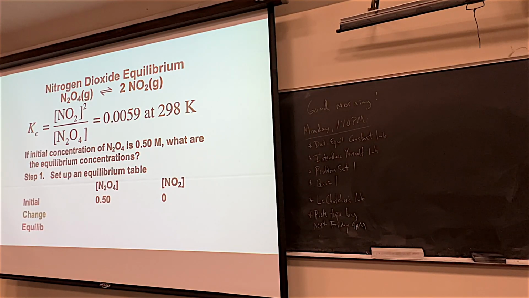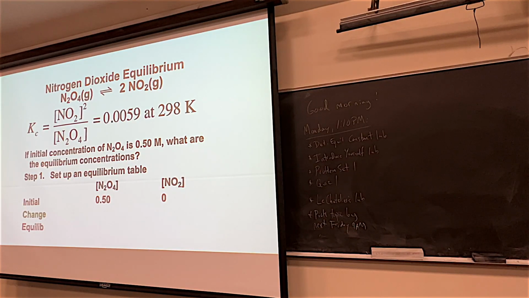Now, the equilibrium constant for this lab at room temperature is 0.0059. And if you remember from our discussion on Wednesday, the magnitude of K will tell you if you have more reactant or more product. And in this example, your K is much less than 1.